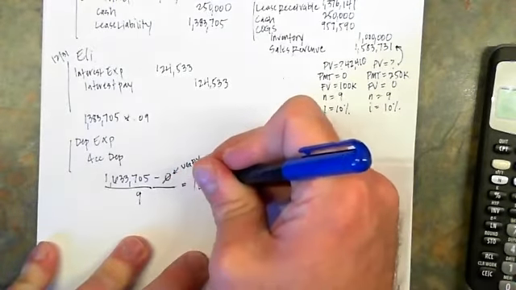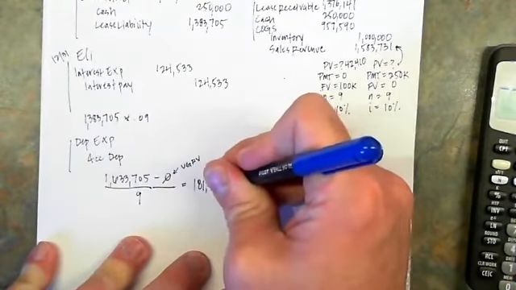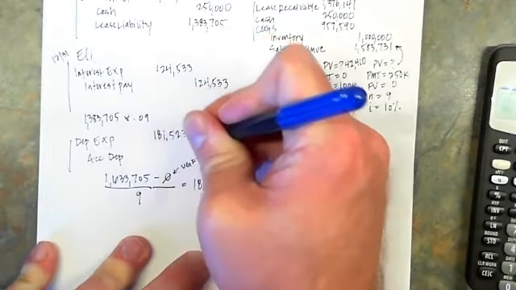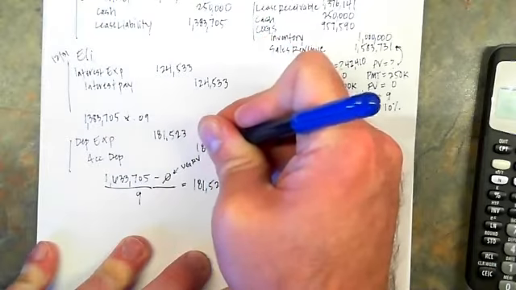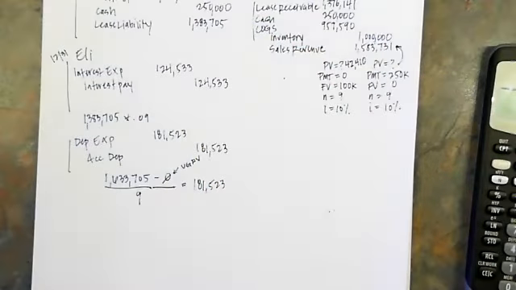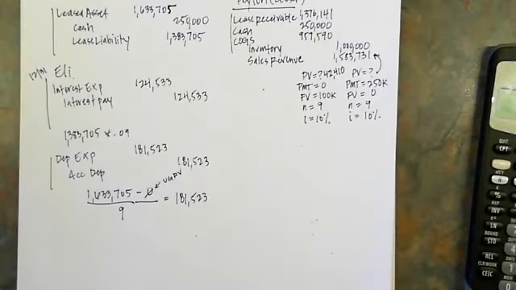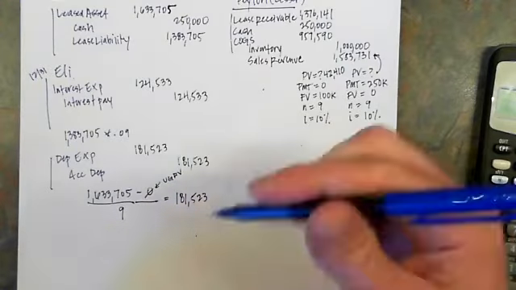That gives me a depreciation of $181,523. So because there is no salvage, because I'm going to now depreciate the entire amount, it's a little bit higher than the depreciation expense that I had under a GRV.